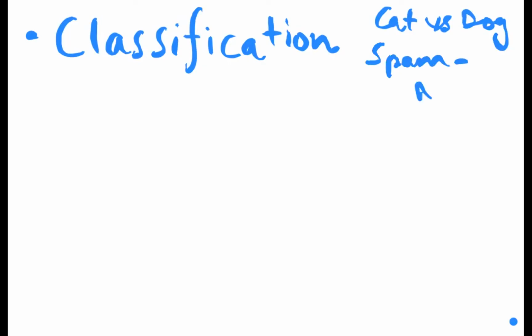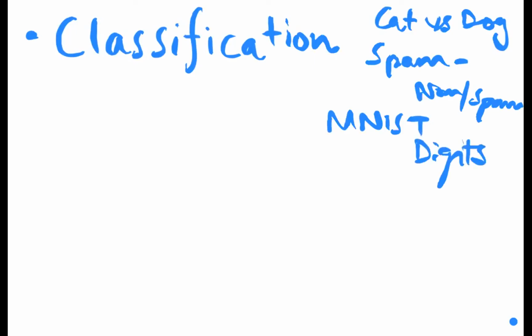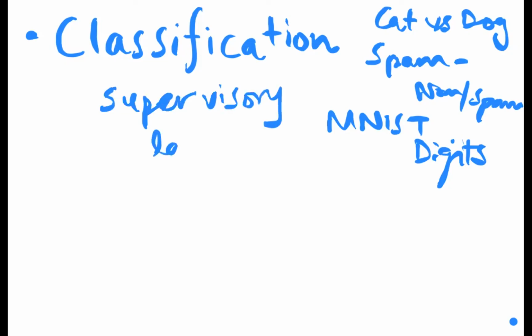And MNIST digit classification would also be a classification task. It is mostly supervised: labels are available for this task, which means you have the ground truth available.